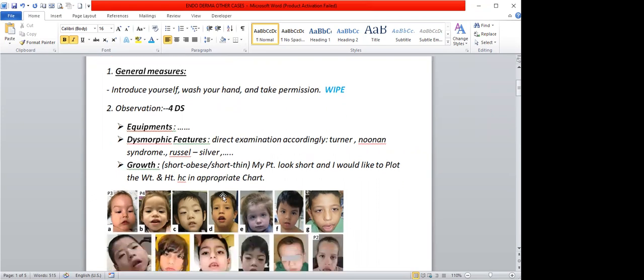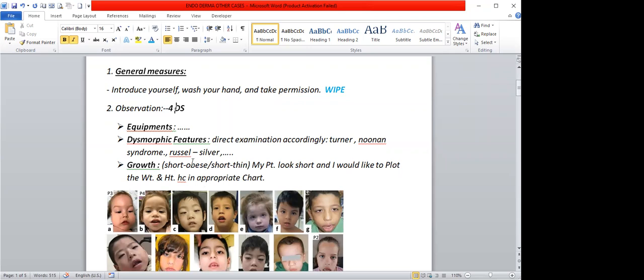At the same time, growth. Definitely we need to see whether the child is short, maybe short with a thin build, or maybe the child is obese. Here is a clue: if the child is short and obese, we will suspect some endocrine problem.